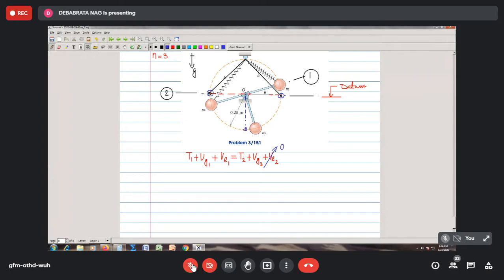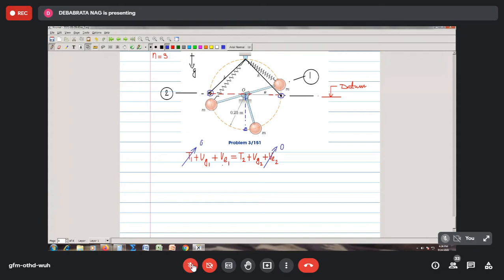However, the other mass is at this position, so its gravitational potential energy needs to be calculated. Also, it is mentioned that we release this system from condition 1, theta equal to 20 degrees, from rest. So it means that your T1 must also be equal to 0.